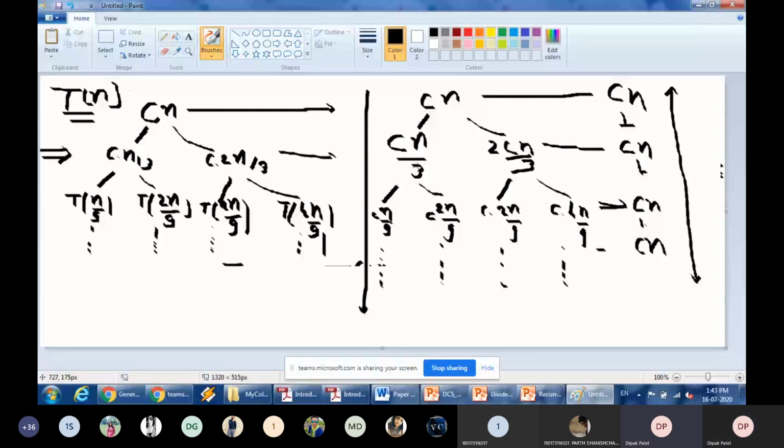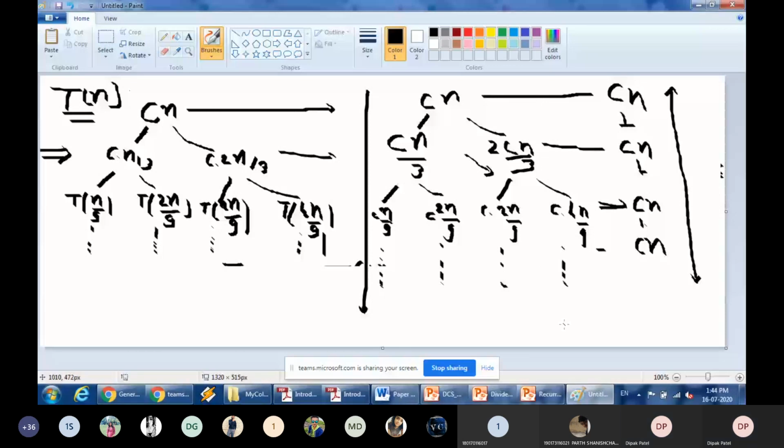Here we are dividing by 3 by 2. Here we are dividing by 3, here by 3 by 2. This branch will last long because we are dividing by a smaller number. So this will be the dominating factor, meaning this branch will be the higher one. It lasts long. So the height of the tree depends on this branch.